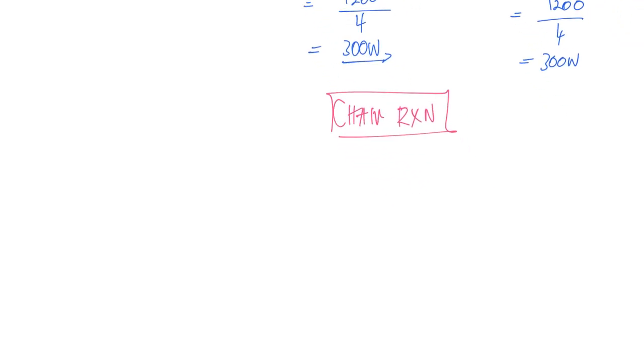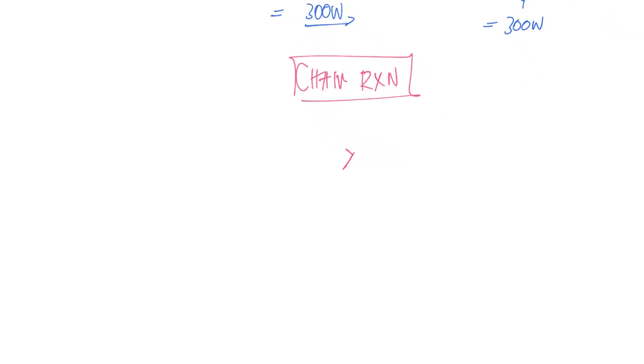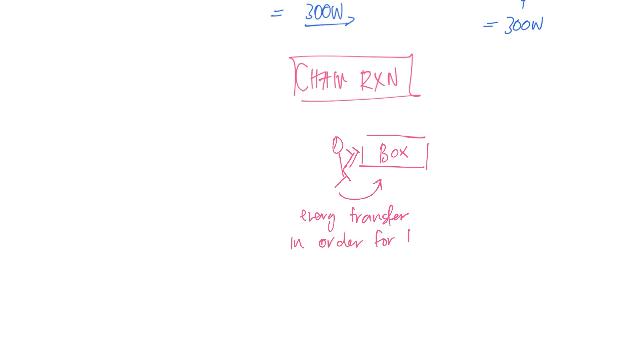So if I had, for example, this boy, and he was going to push this box, what I need to understand is that there is an energy transfer in order for the box to work.